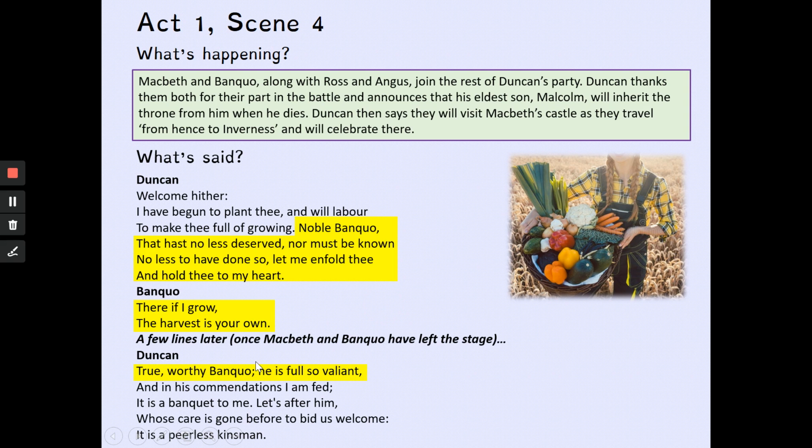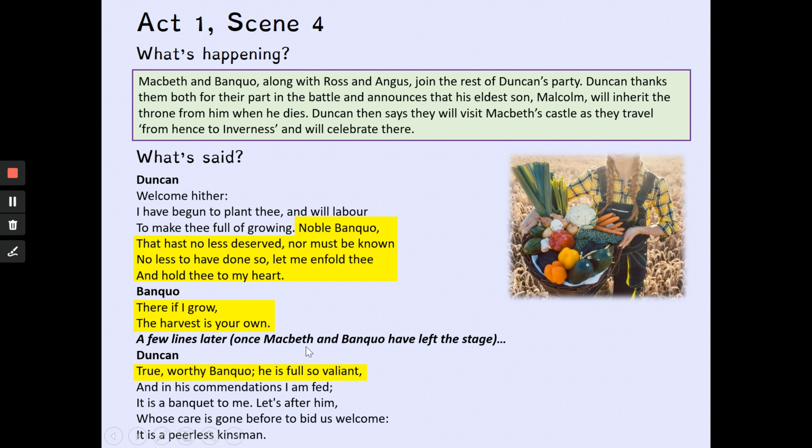And then a few lines later, notice this at this point, Macbeth and Banquo have actually left the stage. Duncan says, "True worthy Banquo, he is so full valiant." Now here he's really recognising Banquo's qualities and that he's worthy of praise and recognition, like he mentioned here.